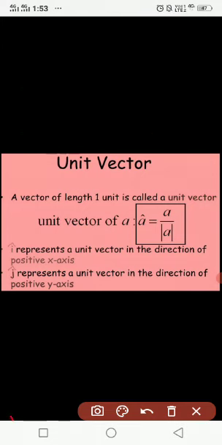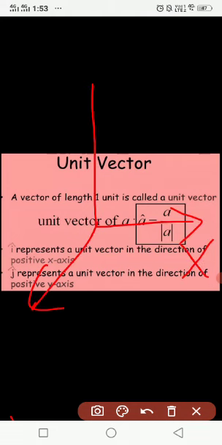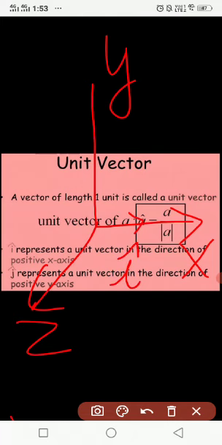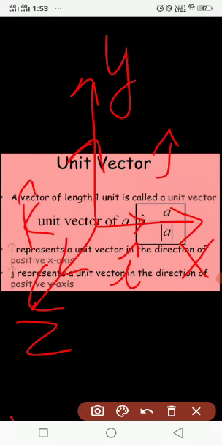Dear students, whenever we are drawing coordinates, we write X, Y, Z. The direction of the x-axis is given by a unit vector and we call it I cap. This is known as the unit vector along x-axis. Similarly, the unit vector along y-axis is j and along z-axis is k. So I, J, K, these three are the unit vectors along the x-axis, y-axis and z-axis.